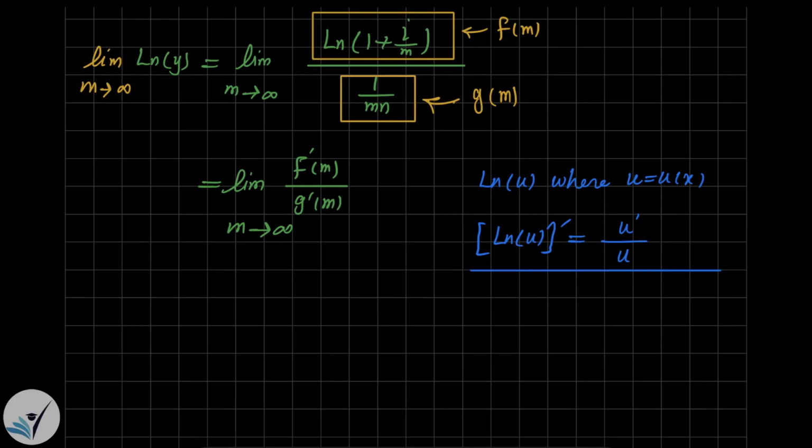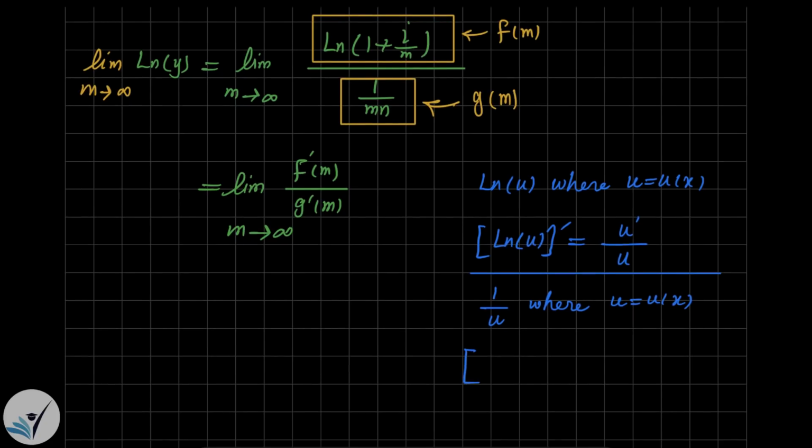Also, whenever you have 1 over u, where u is a function of x, then the derivative of 1 over u is equal to negative u prime divided by u squared. Now let's get back to the equation and apply these rules.